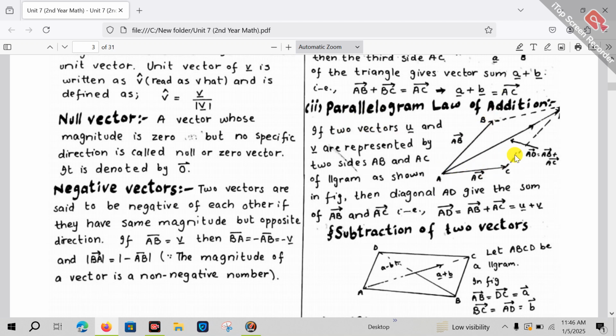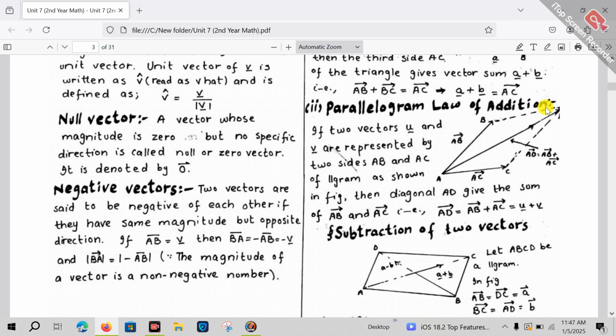Two vectors, u is put here and v is put here. These two vectors are represented by the sides of a parallelogram. Then the diagonal gives the vector sum. In that case, this is the diagonal. This will give us the vector sum.